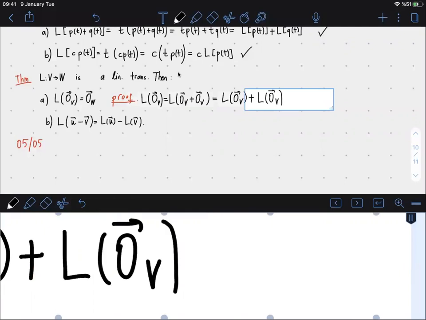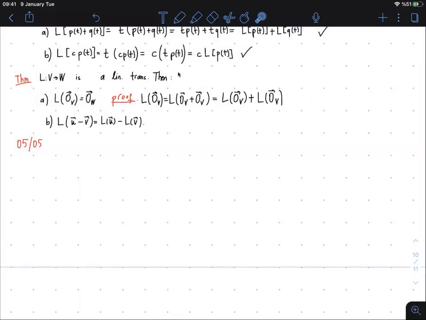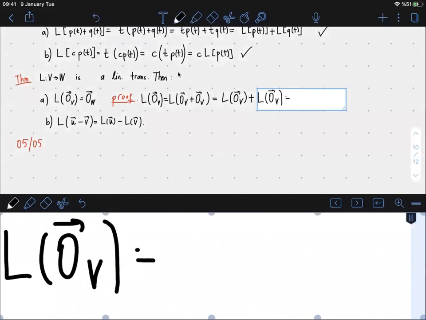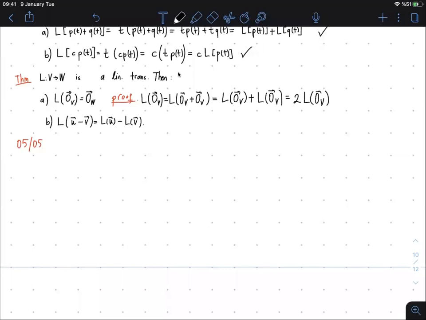Now let's see what we have. Here we have some vector, and it equals, so what is this thing? Let me write one more step. This is 2 times L of the 0 vector. So a vector equals 2 times itself.